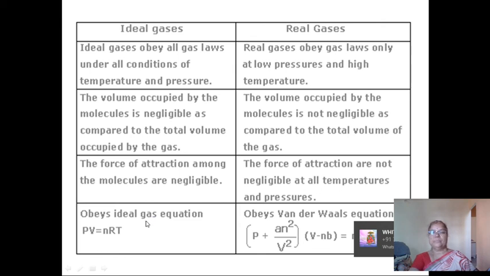Then ideal gases obey the ideal gas equation PV is equal to nRT, and the real gases obey the van der Waals equation, and in this chapter you are going to learn how the van der Waals equation is derived. Okay, these are some distinguishing points between the ideal and real gases.